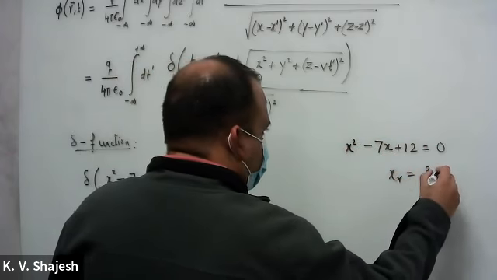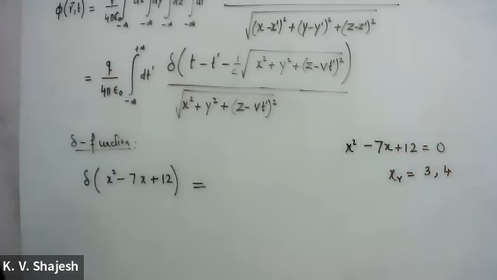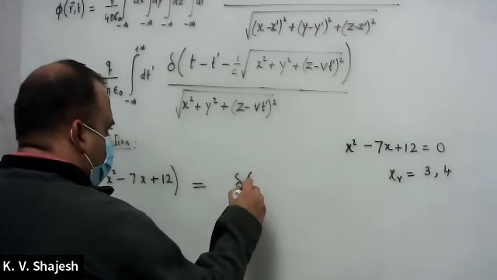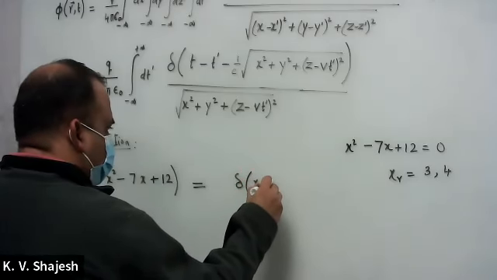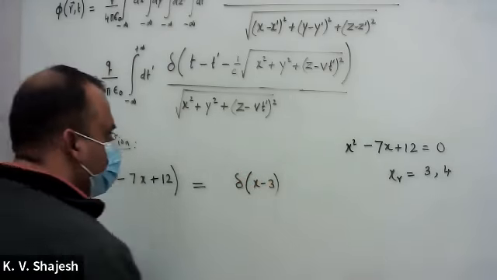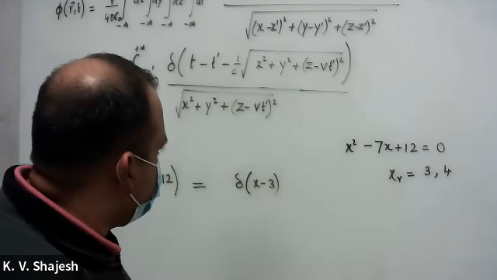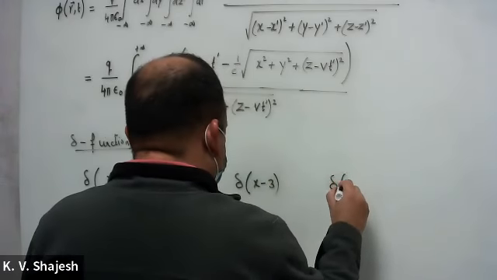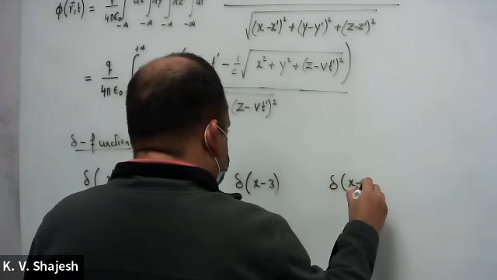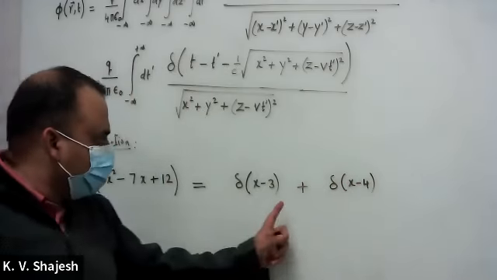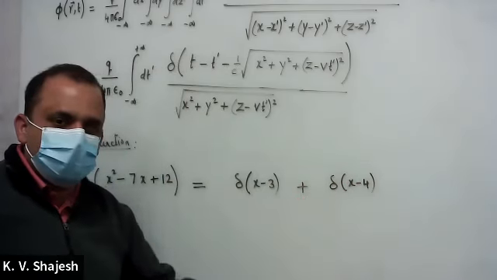So that's two roots there. So the idea is that you get delta of x minus 3, that's one of the solutions, and the second solution is delta of x minus 4. Okay, so those are the two places it will contribute, and it is positive.